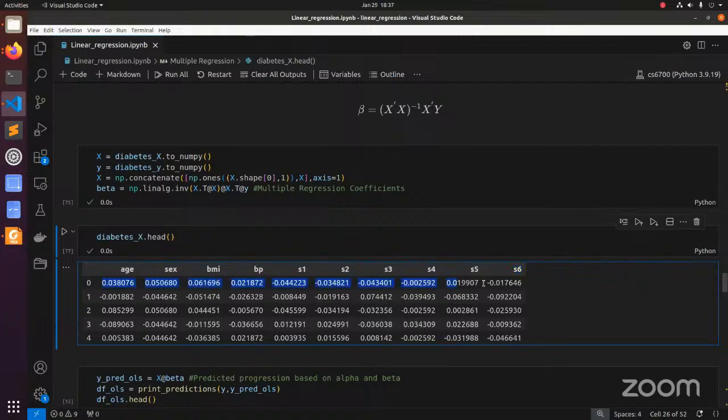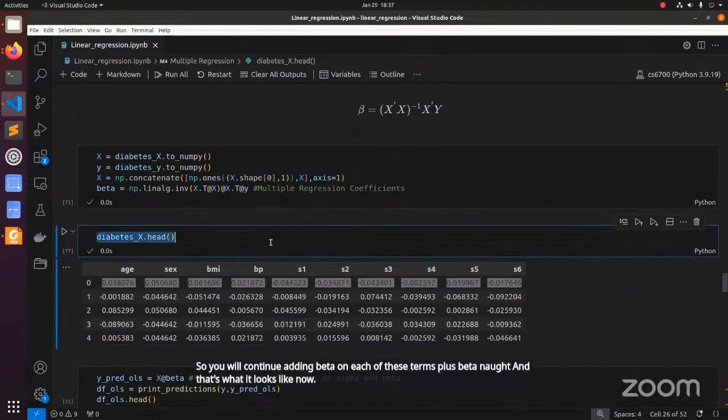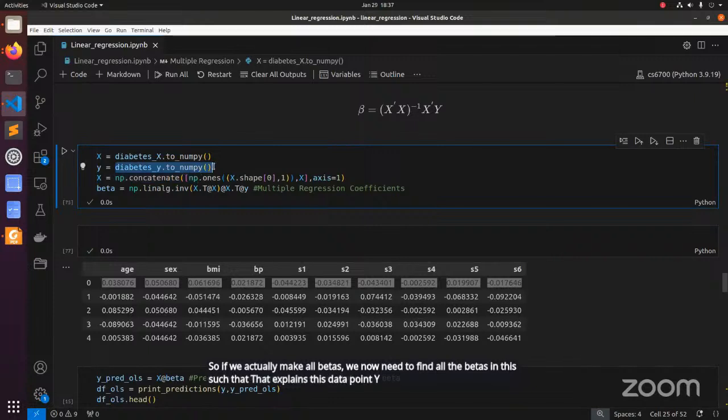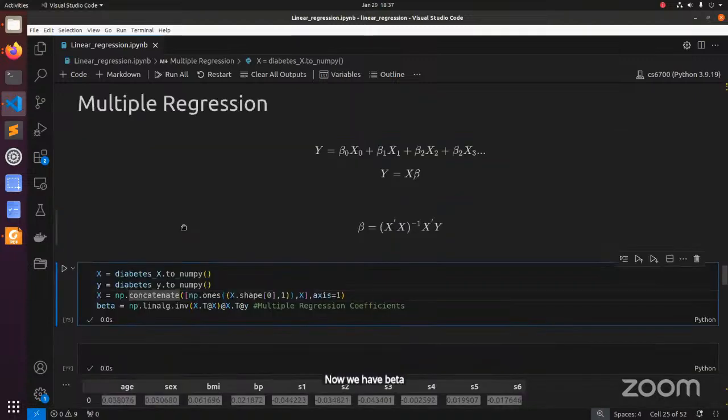So you will continue adding a beta in each of these terms plus beta naught, and that's what it looks like now. We now need to find all the betas such that they explain this data point y. The y is still the diabetes measure, but now we have multiple x's.